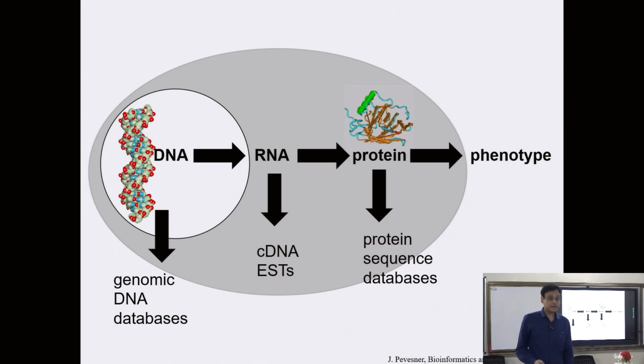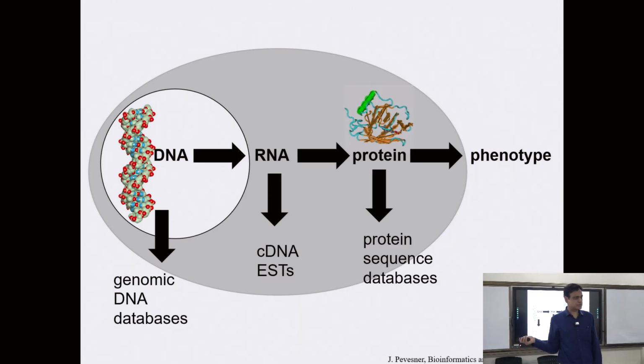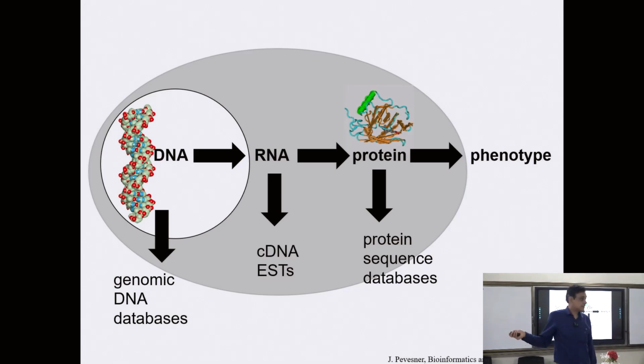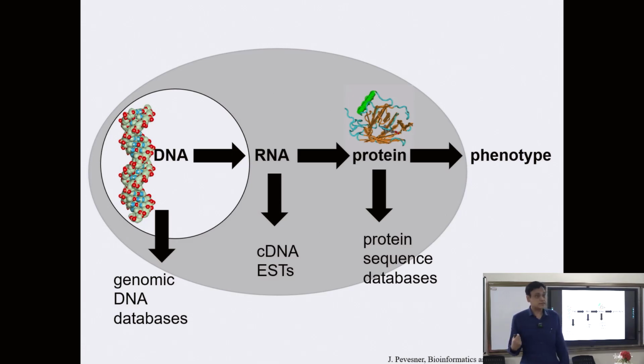So RNA data, and those could also be cDNA and EST data. You know what is cDNA? Complementary DNA, but how is that formed? I just mentioned reverse transcription, right? Okay, so cDNA, and what is EST? Expressed sequence tag. So how is that obtained?